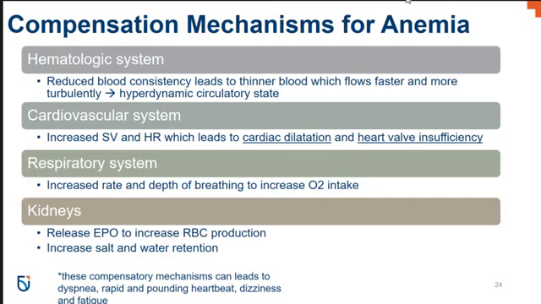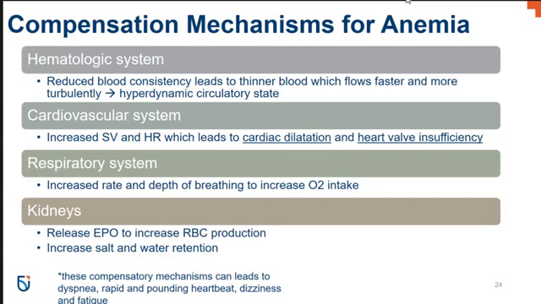Our cardiovascular system is going to identify that our body is not getting enough oxygen, and it will respond by increasing stroke volume, so the volume of blood pumped out of the heart, and heart rate, which is the number of times your heart will beat within a period of time. And this is going to strain the heart. Over time, if the heart is constantly having to increase its stroke volume and heart rate, it can lead to cardiac dilation of the heart, where the ventricles in particular stretch and thin out, and then they become far less effective at pumping blood out.